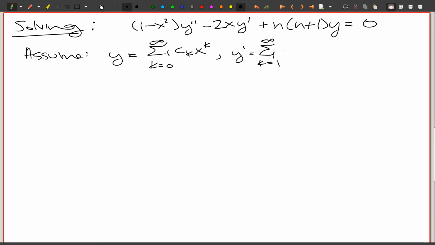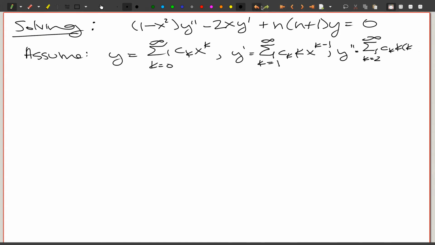It's a constant. c sub k times k times x to the k minus 1. And y double prime is the sum where we start from 2, go up to infinity, and we'll be looking at c sub k times k minus 1.